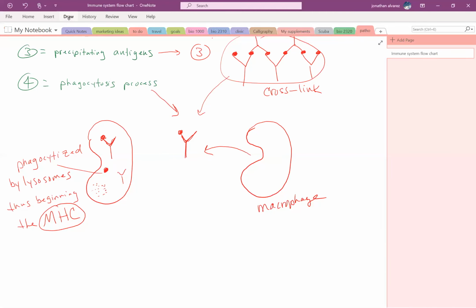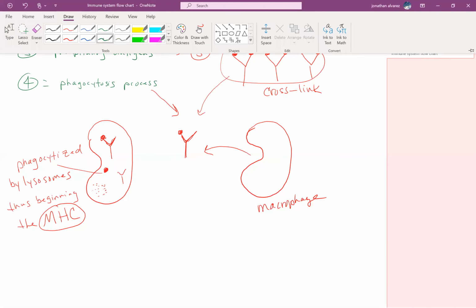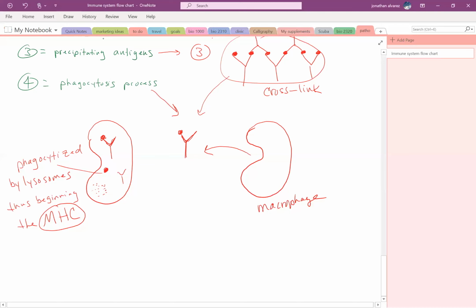Now what we're going to do is take a piece of that cracker. You're going to take one piece that you just broke apart, and you're going to bring it to the surface.